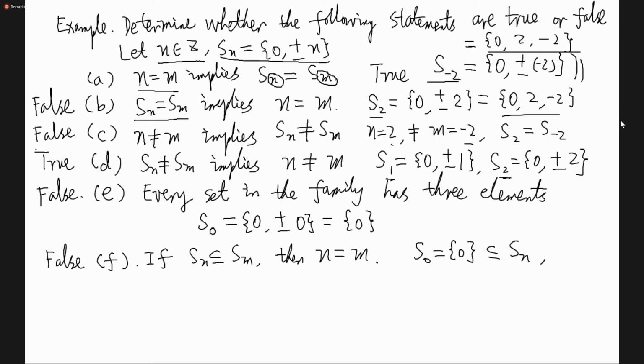Okay, let's look at the G. For any n and m in Z, Sn intersect Sm equals 0.